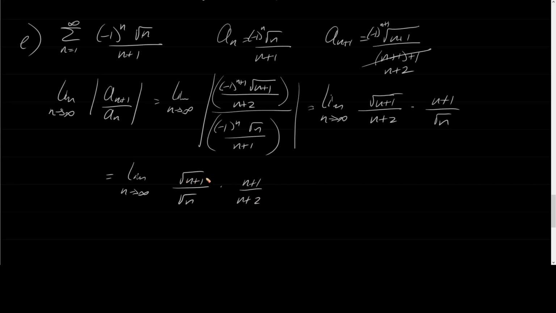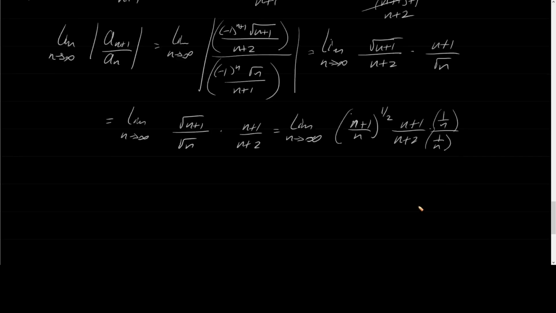The reason I want to do it that way is because now I can rewrite this. Rather than writing square roots, I'm just going to put it as n plus 1 over n to the 1/2. And this piece right here, I can multiply it by 1 over n over 1 over n. We can always multiply by 1. Multiplying by 1 changes nothing, just like adding 0.